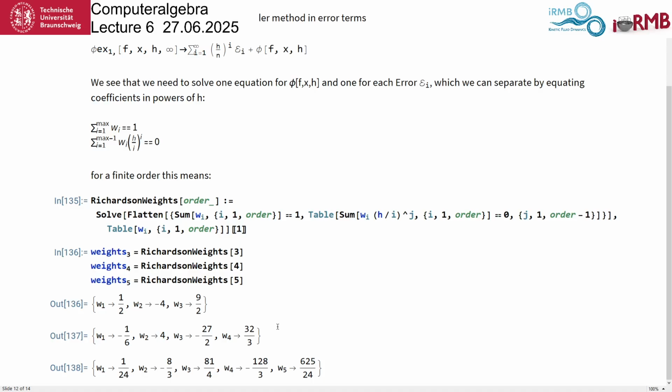And there are other, more involved methods where you actually look at the problem that you want to solve, and they can do this much more efficiently. Richardson extrapolation is very fascinating, but never believe that this is the most efficient solution to your problem.